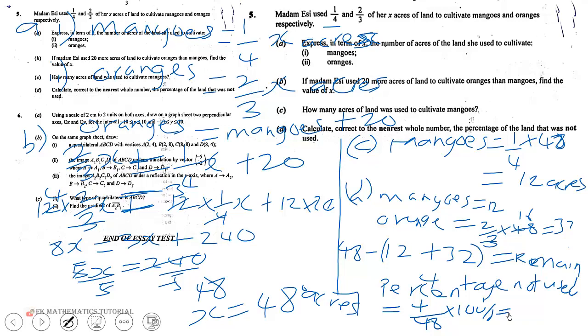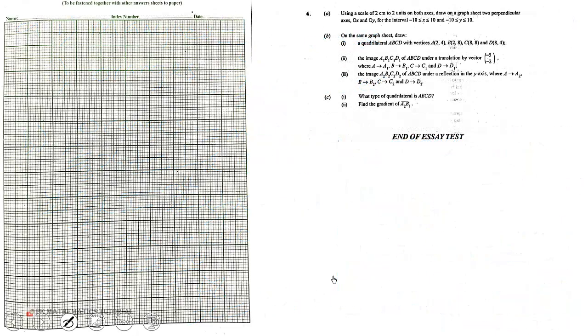So 100 over 12, or 8 whole number 1/3%. To the nearest whole number, that will be 8%. So 8 whole number 1/3 is the same as 8.333, which is the same as 8%. Was not used.